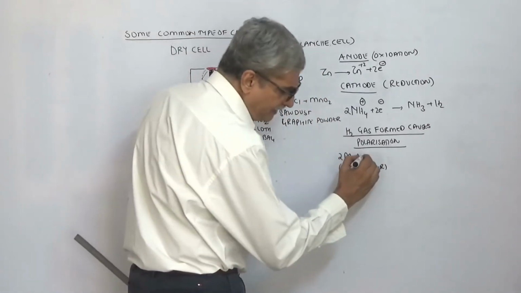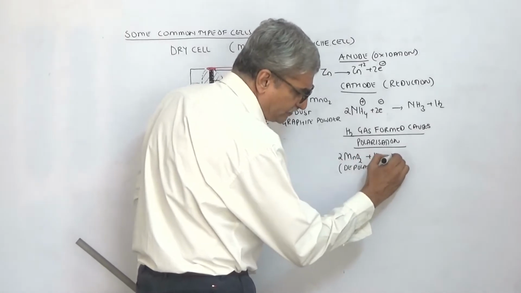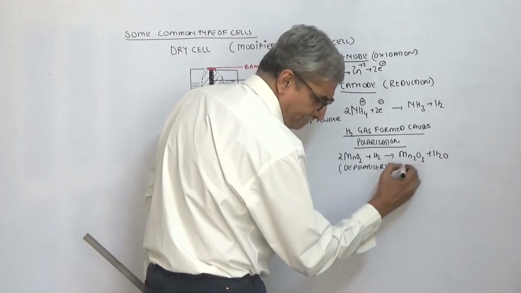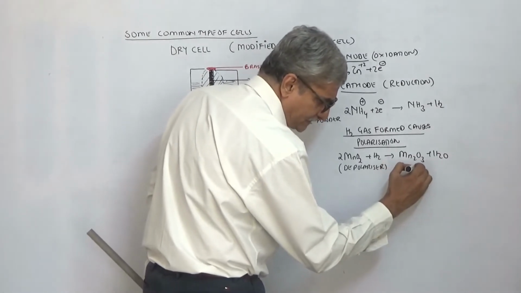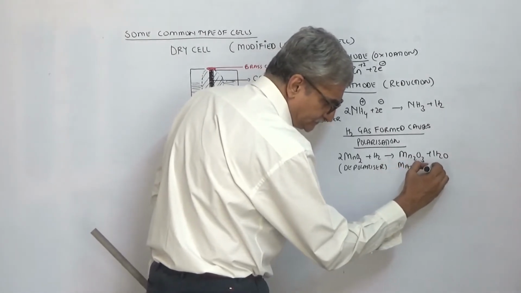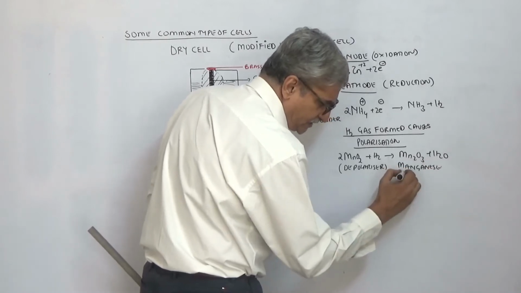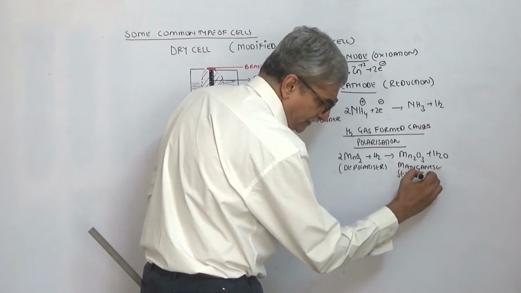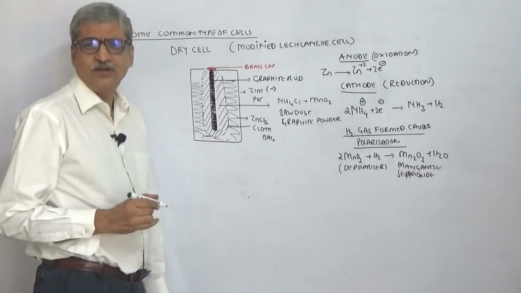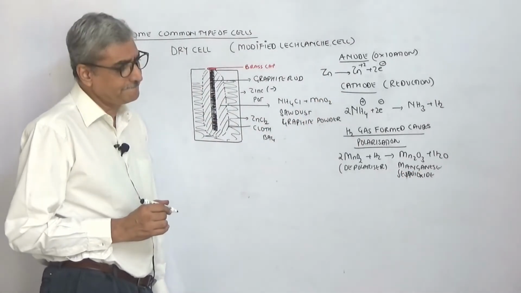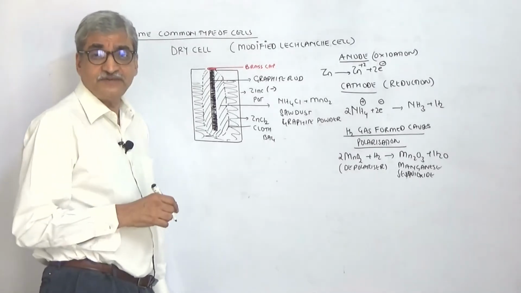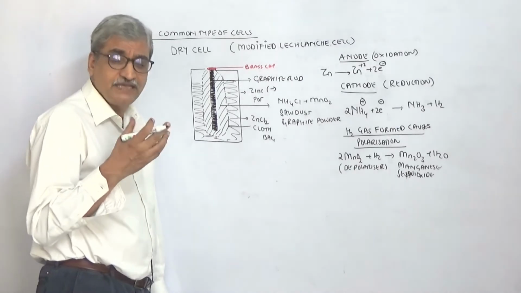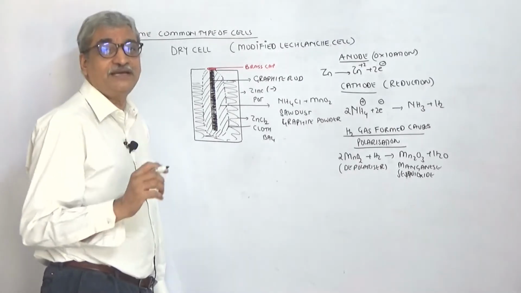Continuously it reacts with the hydrogen and forms Mn2O3 and H2O. This is manganese sesquioxide. The water formed is very important because it helps in dissolving the ammonium chloride and causing it to ionize.